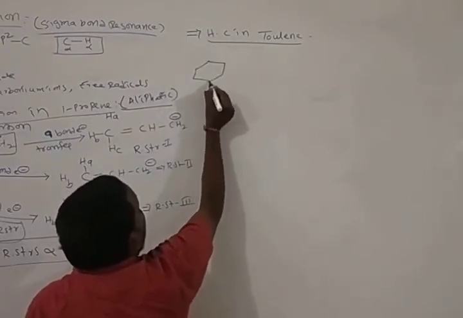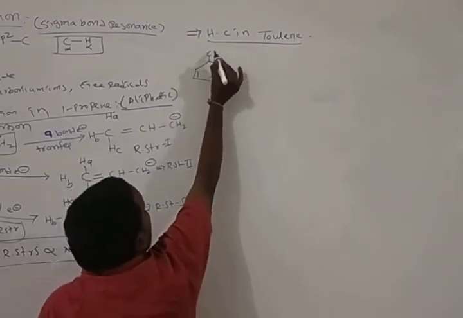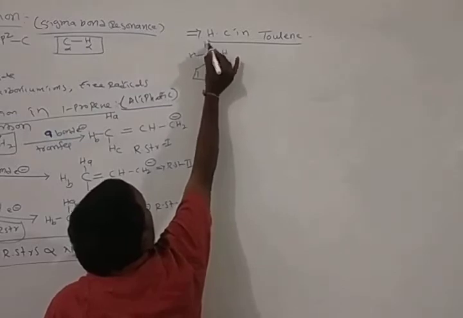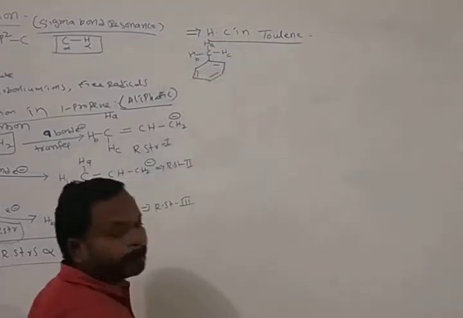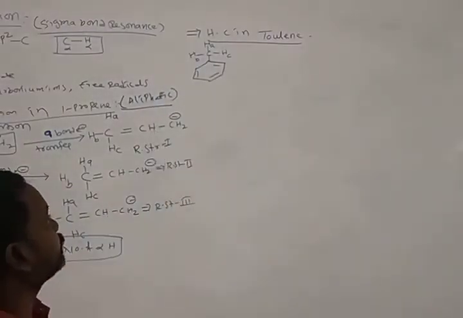Toluene means methyl benzene. Here hydrogens HA, HB, HC. This is called toluene.